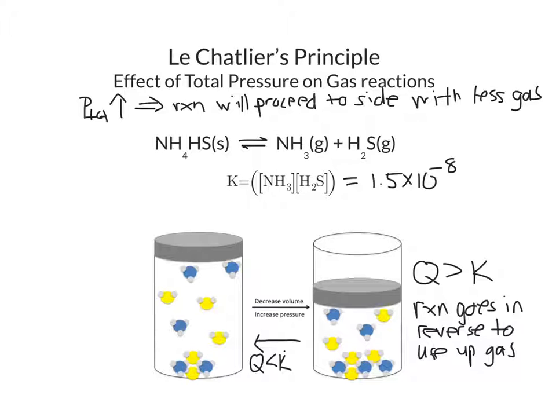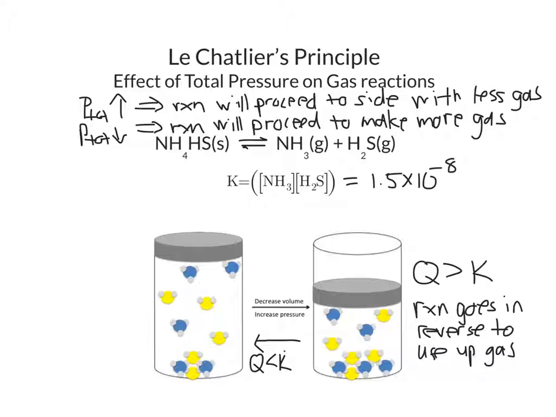Conversely, if the total pressure is decreased, then the converse will happen. The reaction will proceed to the side with more gas. And that's the basic idea of the effect of total pressure on reactions that contain gases.